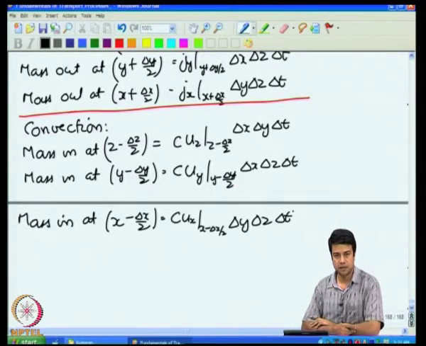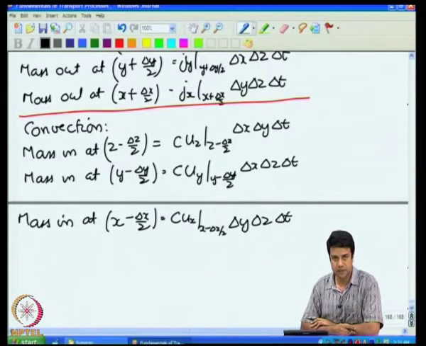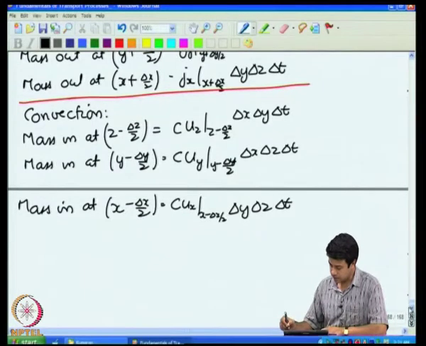The mass in at the rear surface at x minus delta x by 2. Okay. One can similarly write down expressions for the mass that is leaving.